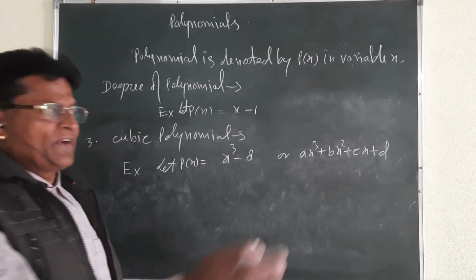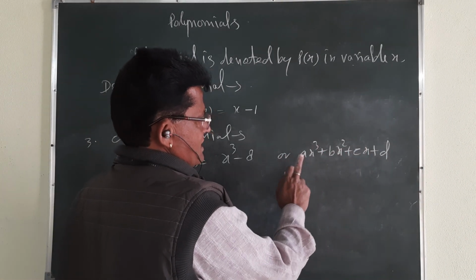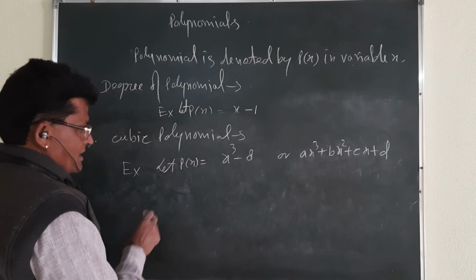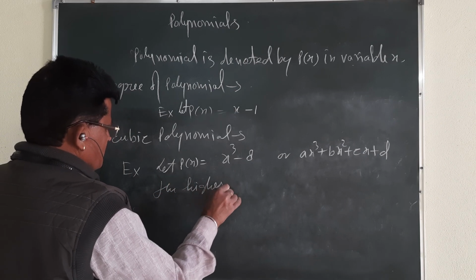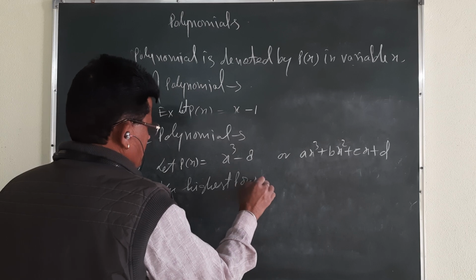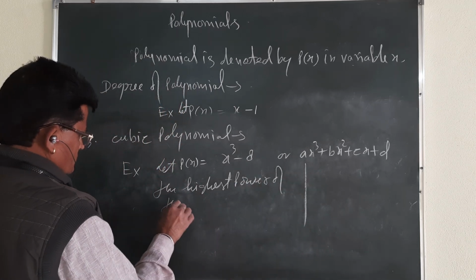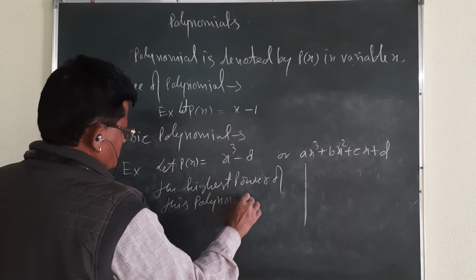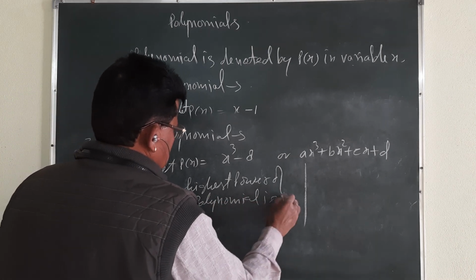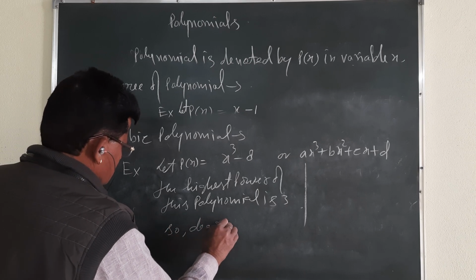The highest power of x here: 1 power, 2 power, 3 power. The highest power is 3. The highest power of this polynomial is 3, so the degree is 3.